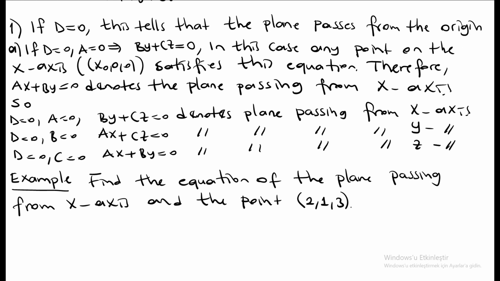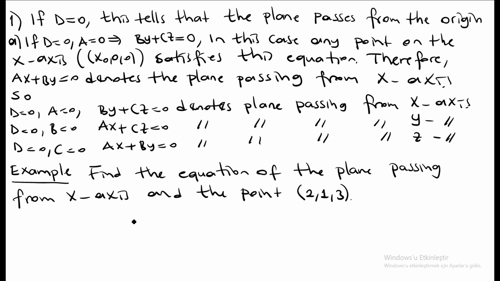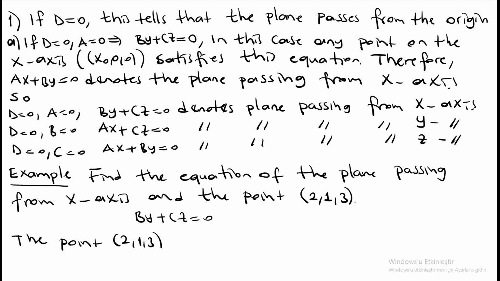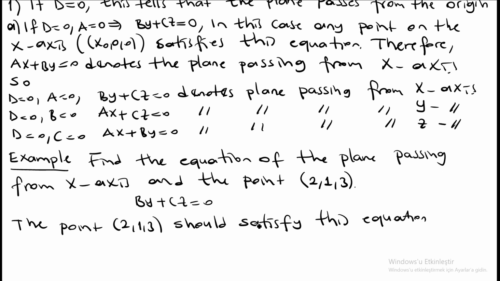So above information tells that you have this form: B times y plus C times z equals 0. Okay? So the point 2, 1, 3 should satisfy this equation. So let me put this here.